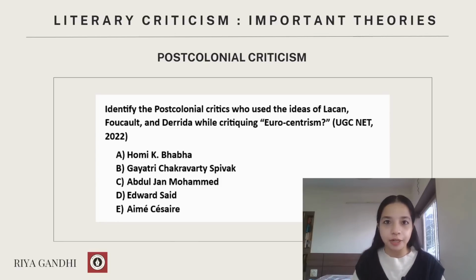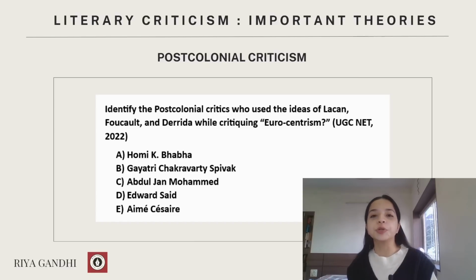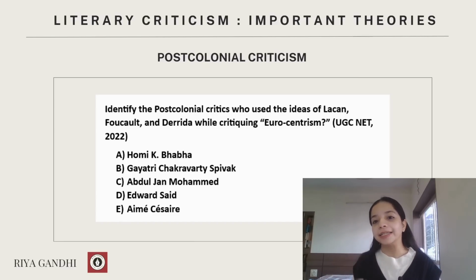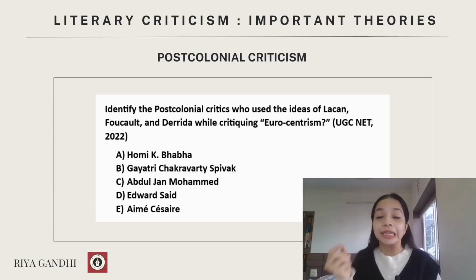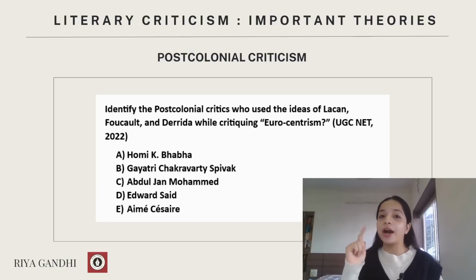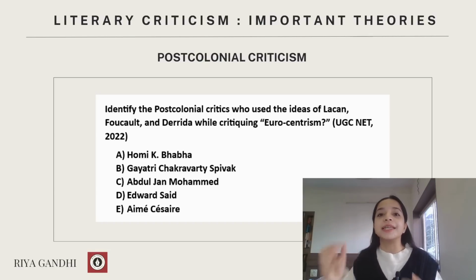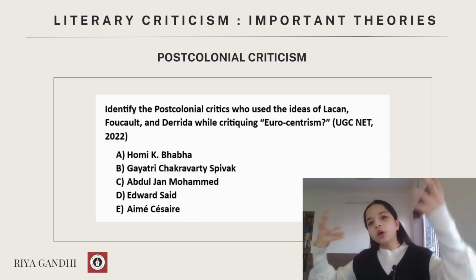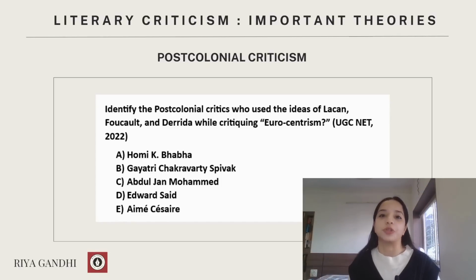A question related to them was asked in 2022, which said, identify the post-colonial critiques who use the ideas of Lacan, Foucault and Derrida while critiquing Eurocentrism. Eurocentrism basically refers to the concept wherein Europe or Western civilization thinks that their beliefs, ideas, opinions and way of being are superior to other countries.